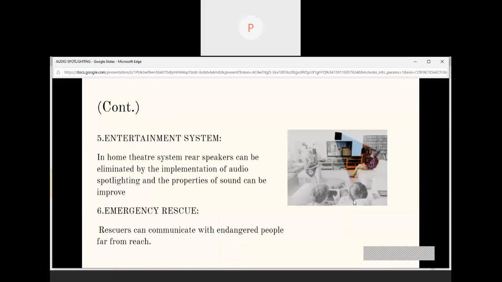Also, ship-to-ship communications and shipboard announcements in the case of military applications. It is also used in emergency rescue systems for communication with endangered people far from reach. In audio or video conferencing, etc., this audio spotlighting is very applicable.